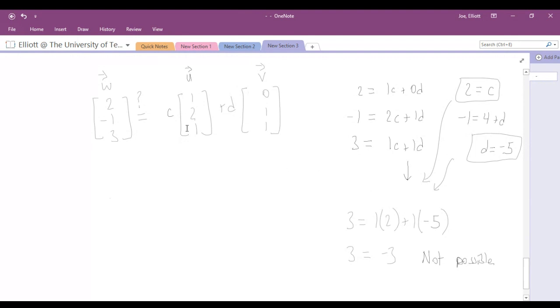So what that tells me is that I was not able to find values of C and D which would satisfy all 3 of these equations. So that tells me, therefore, that W is not a combination of U and V. So therefore, it is not in the plane determined by U and V, which was their span.